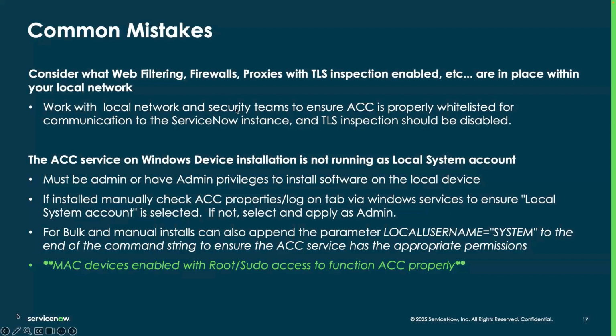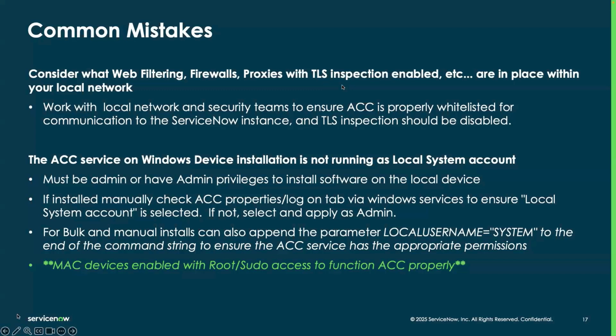The first one: make sure you don't have any restrictions in terms of network communication between the agent and the instance. Things like web filtering, firewalls, or proxy settings can interrupt communication between agent and instance, especially TLS inspection with proxies.